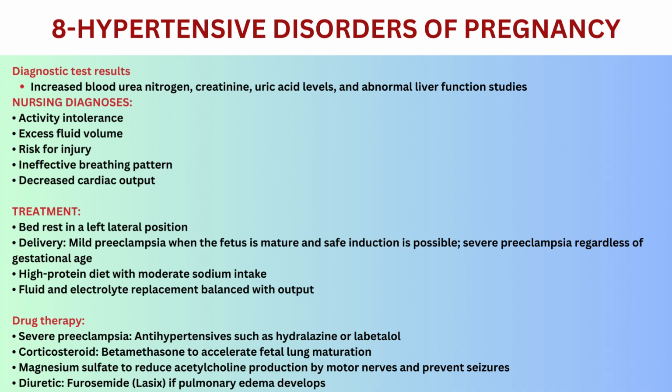The drug therapy for severe preeclampsia includes antihypertensives such as hydralazine or labetalol, corticosteroid betamethasone to accelerate fetal lung maturity, magnesium sulfate to reduce acetylcholine production by motor nerves and prevent seizure, and diuretics, furosemide (Lasix), if pulmonary edema develops.